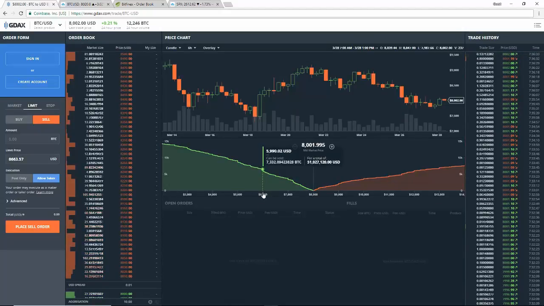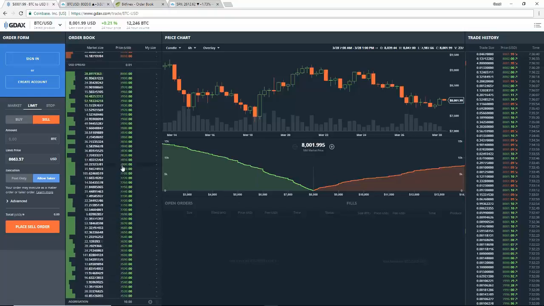There's a little gap. So even though we can't see all the way down to 6,000 on the order book over here, we're able to speculate that right now there are hundreds of Bitcoin sitting on that $6,000 price level just out of reach for us to visually see over here.